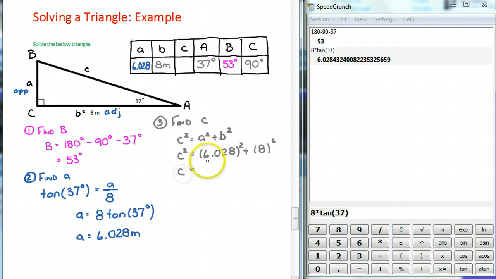So C squared is equal to, actually let's practice our calculator work here. C is equal to the square root of 6.028 squared plus 8 squared.